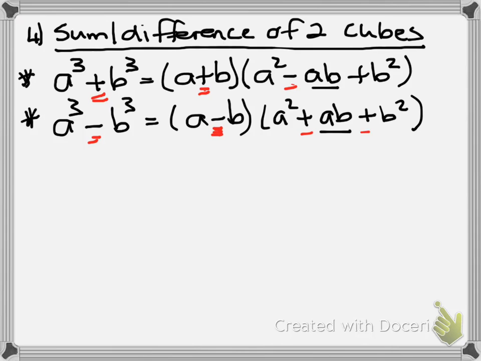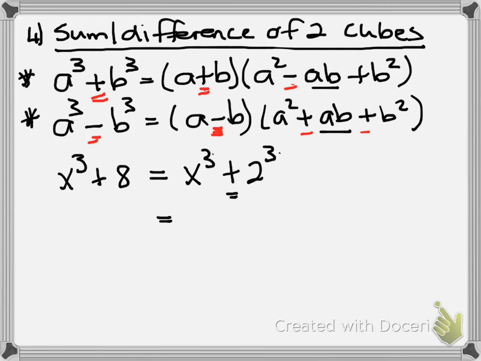The one we have in the course packet is a sum of two cubes. X cubed plus 8. Now if you want to, you can first write it as x cubed plus 2 cubed, so that you can see, okay, it's a sum of 2 cubes, right?